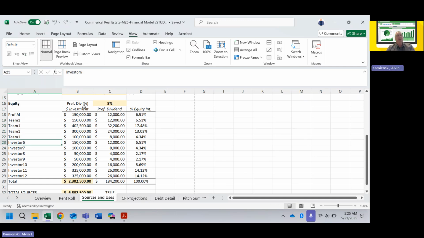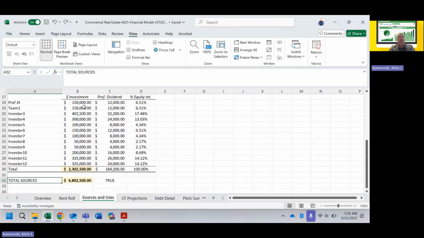And then our aunts and our uncles and our friends and our neighbors and the person down the street who just gave me €100,000 are all going to be part of the group of investors who are going to help you raise that total $6.8 million to buy the building.